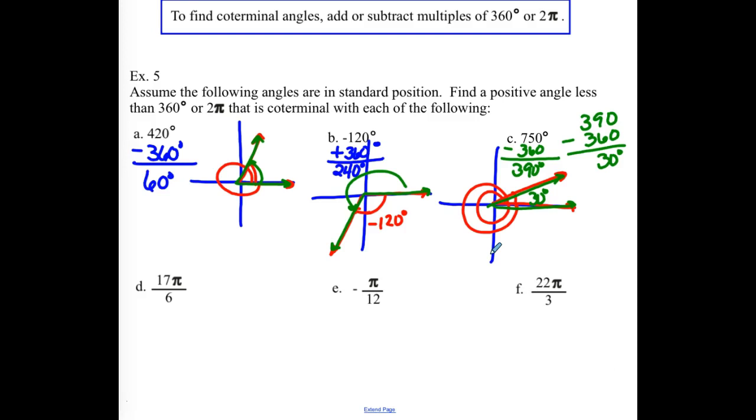And sometimes you're asked to find a positive and a negative angle that are coterminal. So for this one, could I subtract another 360? That would put me in the negative region, right? That would work. Or I could just picture going around in a negative direction. Does that make sense? That would get me the same answer.